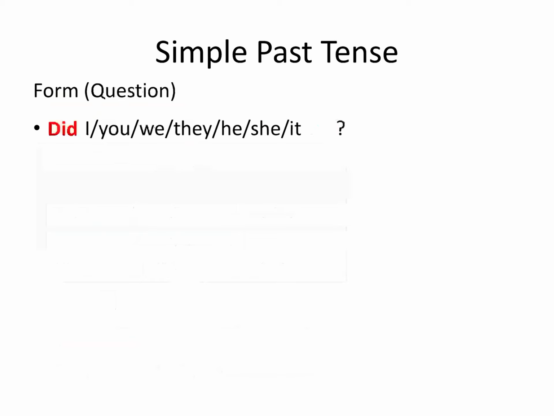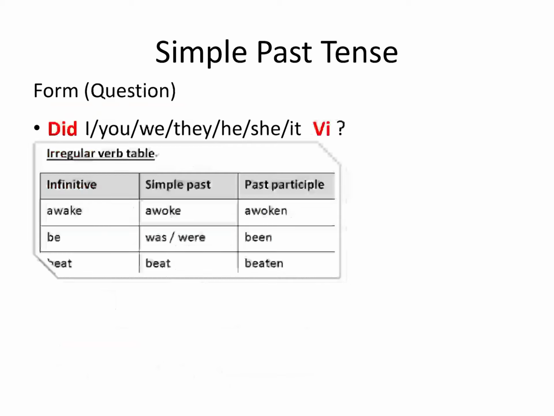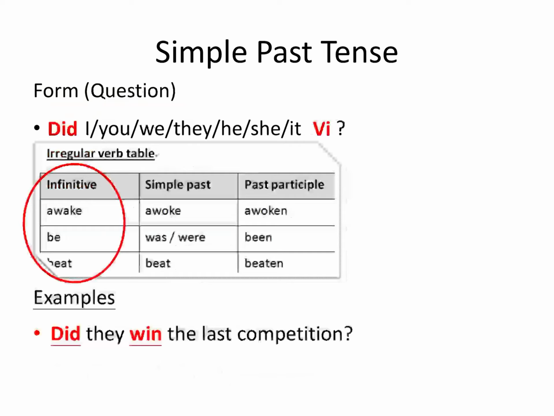When it comes to simple past questions, which many of you get confused with, remember we start the question with the word did. Then we write the subject and then the VI. So what is VI? VI refers to verb infinitive, which means the verb remains unchanged.